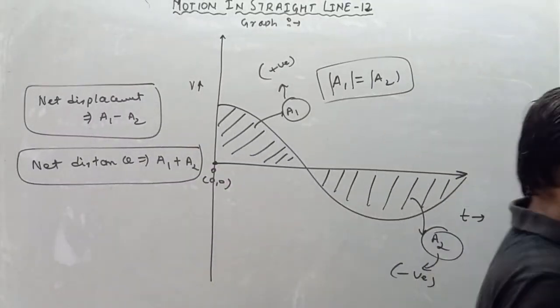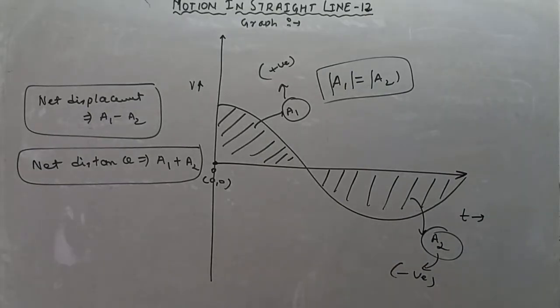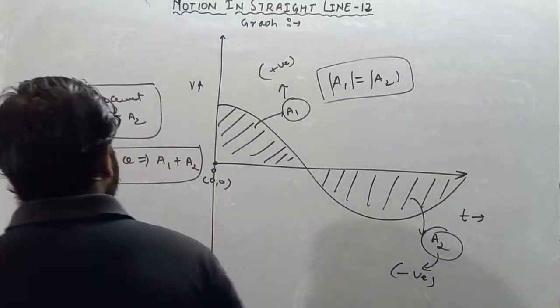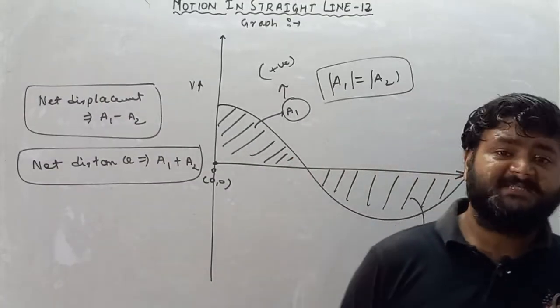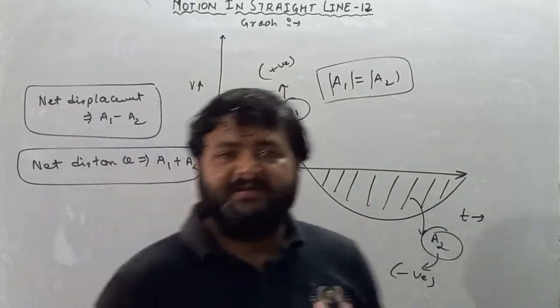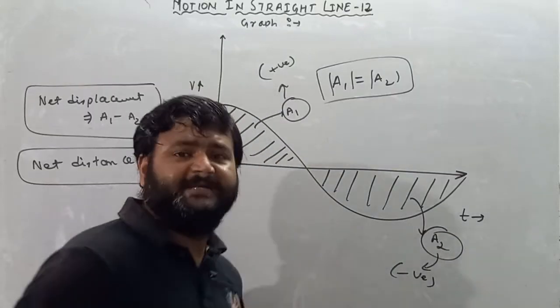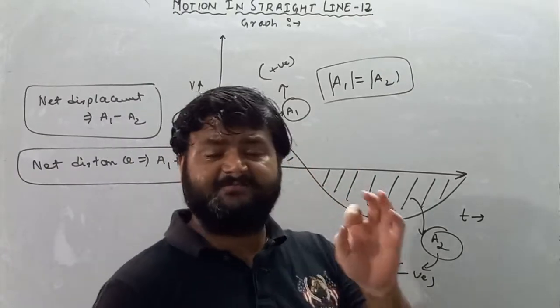So write down: if some area under the velocity time graph is above origin, and some area in the velocity time graph is below origin, then net displacement, this thing we know that area under velocity time graph gives the value of displacement.